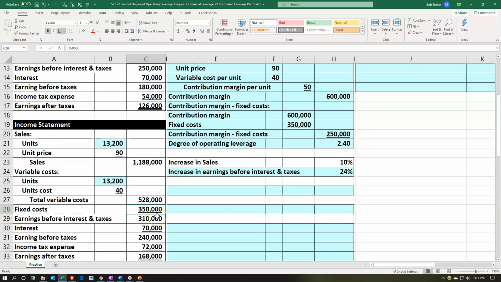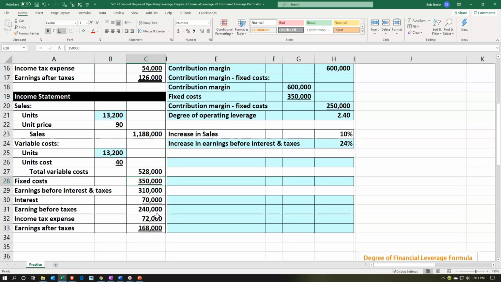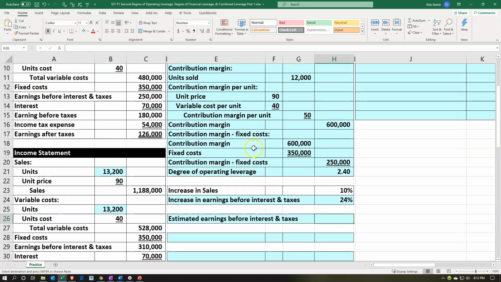So then if we get to the bottom line, let's think about what the increase would be. If I was to use my calculation up top, the 24% increase here, let's take that increase and say, okay, here's the earnings before interest and taxes. Let's increase that by 24%, which would take that 250,000 times 1.24, right?